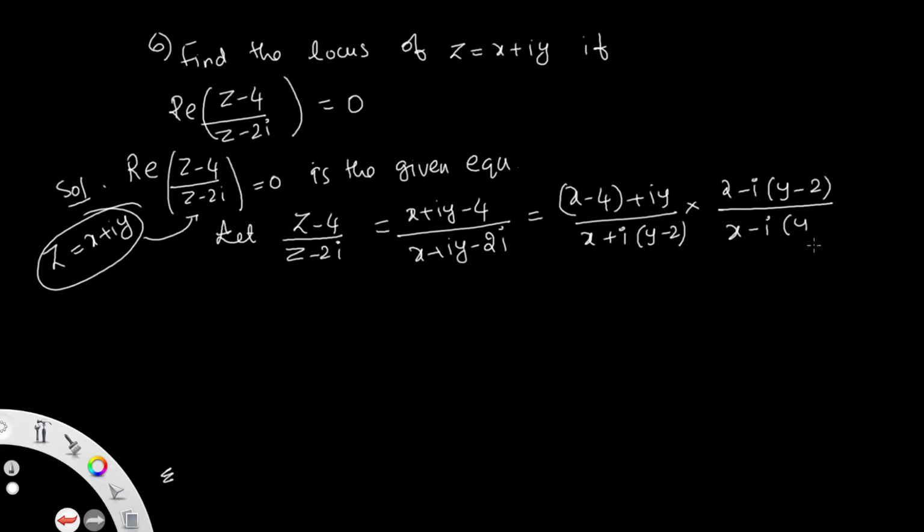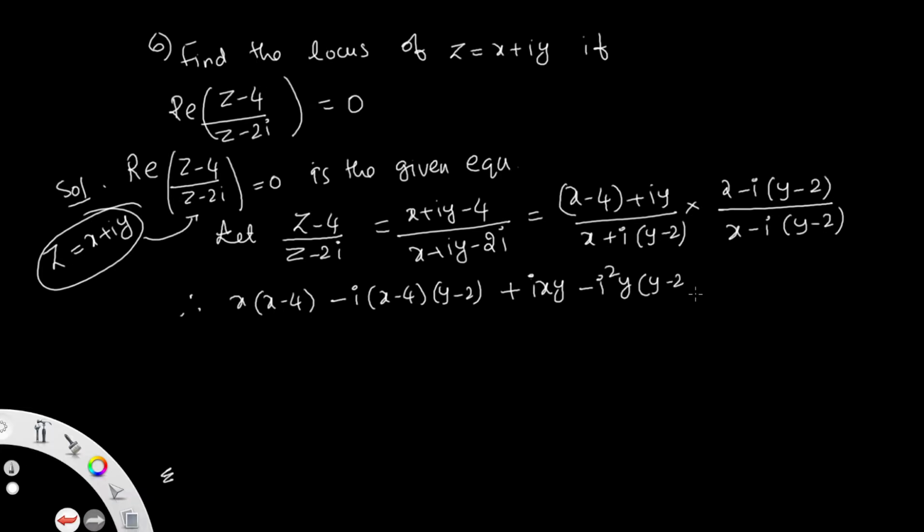Now the simplification: x into (x minus 4), minus i into (x minus 4) into (y minus 2), plus i into xy, minus i square into (y minus 2), divided by the denominator in the form of (a plus b) into (a minus b).